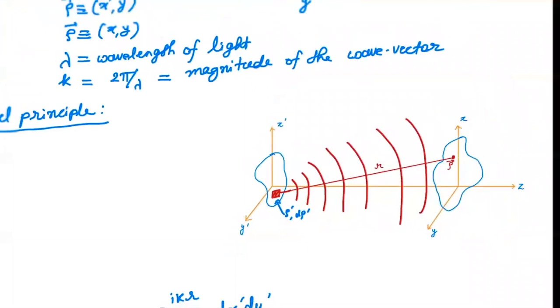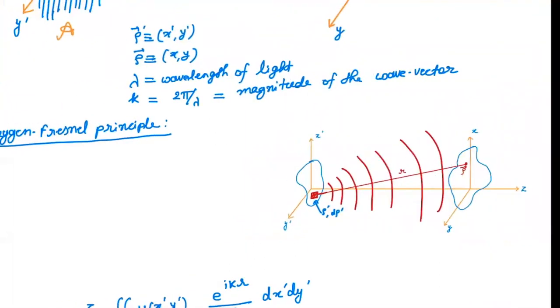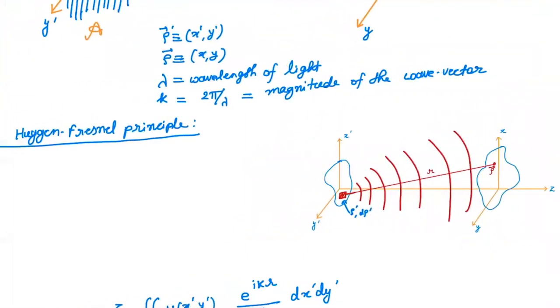So let's consider what happens due to a point source. We can also think of it as a tiny area element, but let's just take it as a point source, right here.